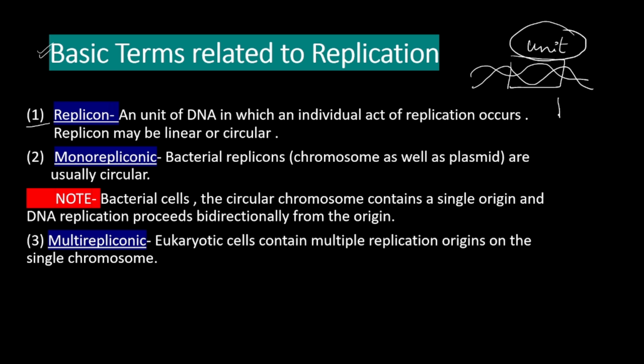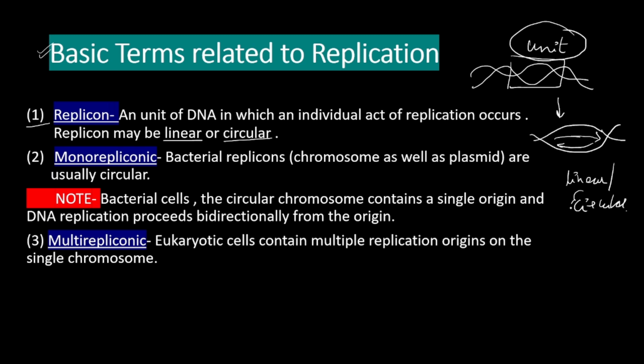In this unit, there will be a formation of a bubble-like structure, where the process of replication would occur. This portion is known as a replicon. A replicon may be linear or circular. It could be seen in a linear DNA or a circular DNA.